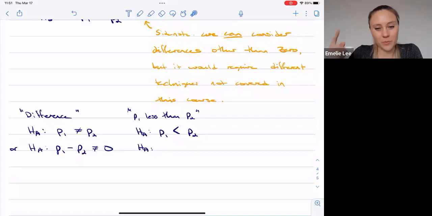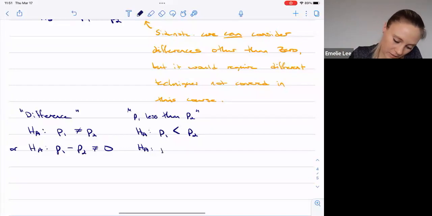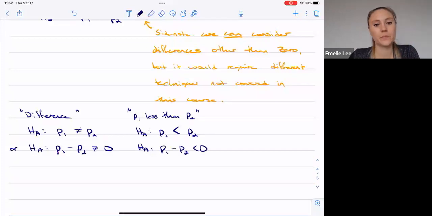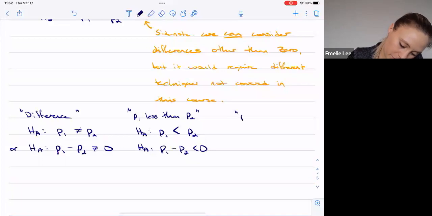So you'd have to do a little bit of legwork here, but P1 minus P2 is less than 0. All right? Or P1 greater than P2.